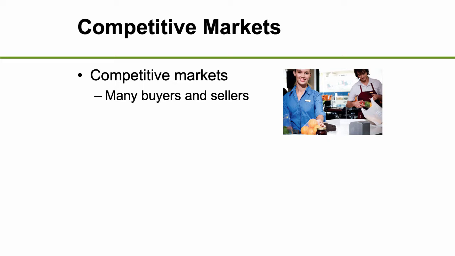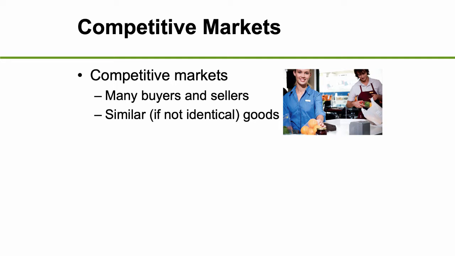In fact, there are so many buyers and sellers that no single buyer or seller can affect what's going on in the market, really. What I mean by that is that each one of these buyers and sellers are so small. They consume and produce such a small part of the market that nobody really has the ability to swing prices in their favor.